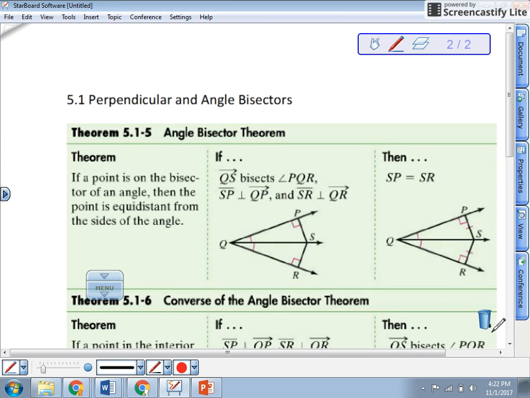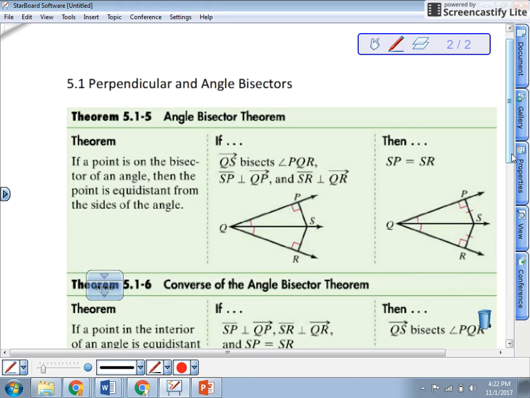Now let's go on to angle bisector. Again, angle bisector, what does that mean? It means it cuts the angle in half. So it says, if ray QS bisects angle PQR, so here's PQR, here's the bisector, and if you have two segments, SP is perpendicular to QP, and SR is perpendicular to QR, and you can see that right here, then these segments will be equidistant.